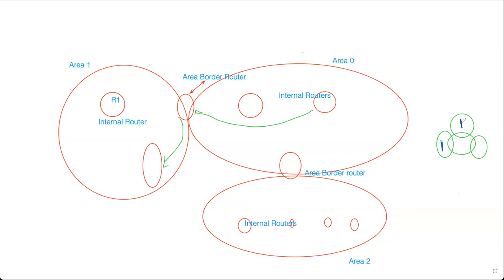So when this person wants to talk to this person, it has to go through the backbone area, and the backbone area will be sending to this router.